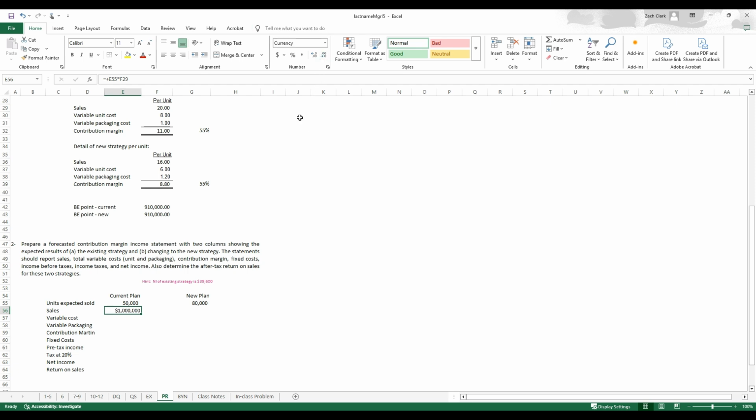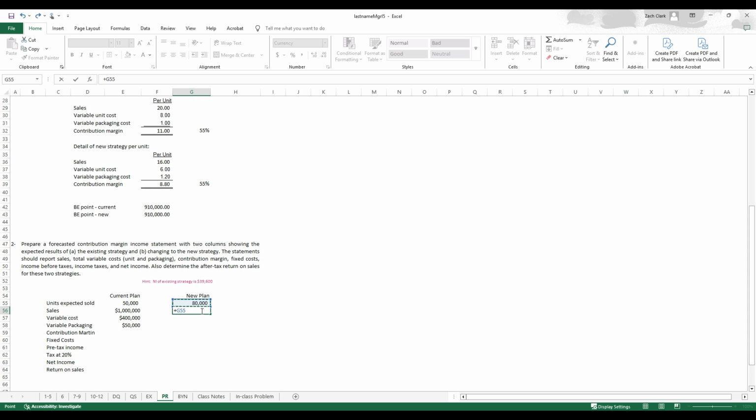I'm just going to do our dollar signs here so that we can differentiate between the units and the dollars. And then this last one, we're going to want to do a percent down here. So just preemptively formatting. Okay, so then our variable cost of packaging will be 50,000 times the variable cost per unit, so 400,000. And the variable packaging cost, $1 per unit times 50,000.